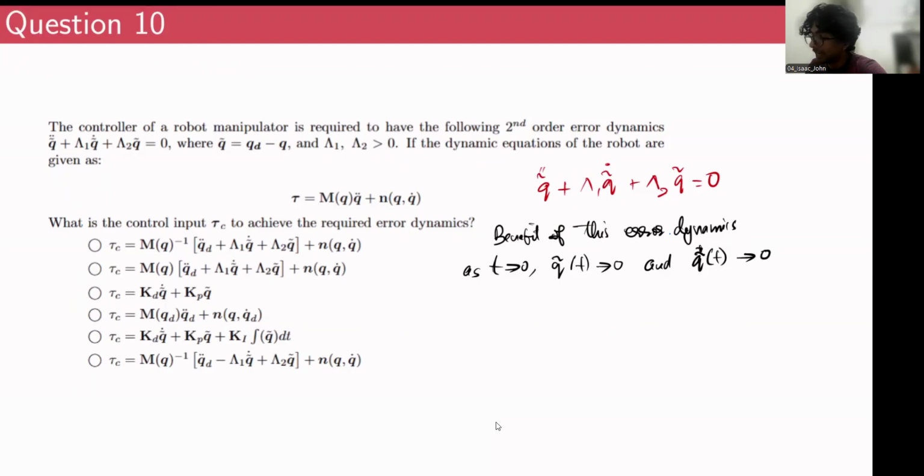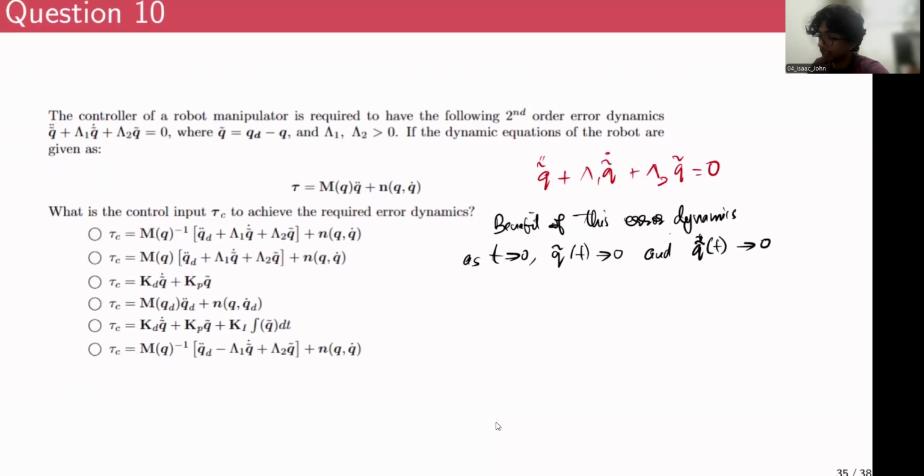Right? So from this error dynamics, instead of q tilde double dot, I'm substituting q desired double dot minus q double dot plus lambda 1 q tilde dot plus lambda 2 q tilde equal to 0.